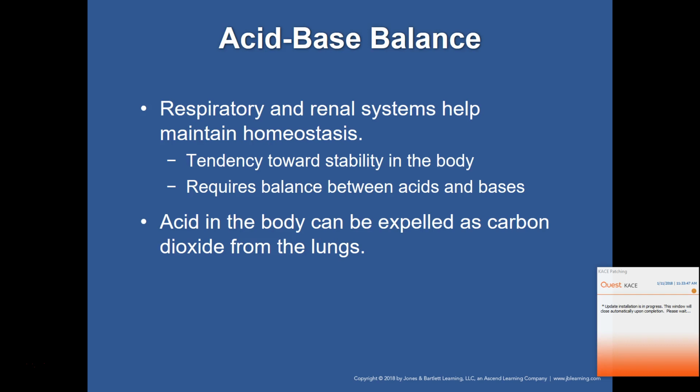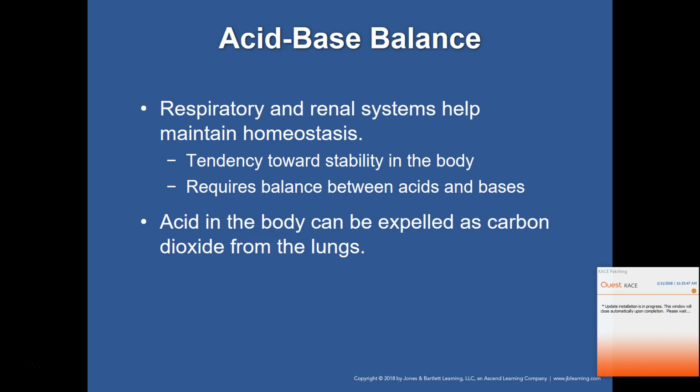And of course, excess acid in the body is basically expelled from the lungs in the form of carbon dioxide. Now, we talked mainly about hydrogen in relation to the pH scale, but realize carbon dioxide plays a major role in the amount of hydrogen that's in the bloodstream.